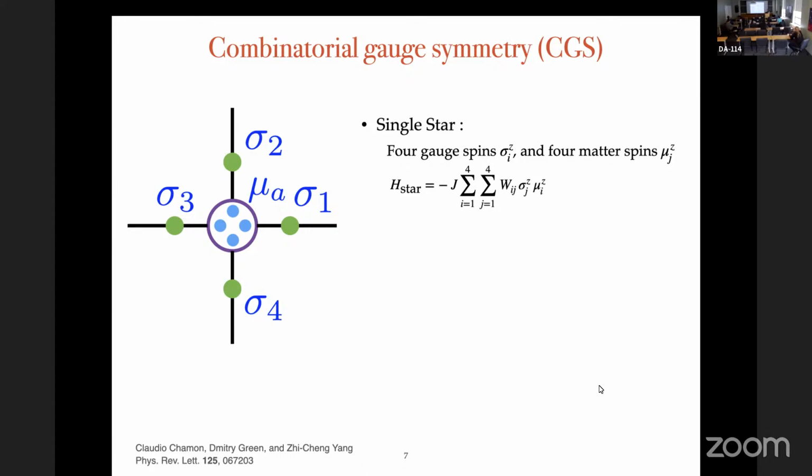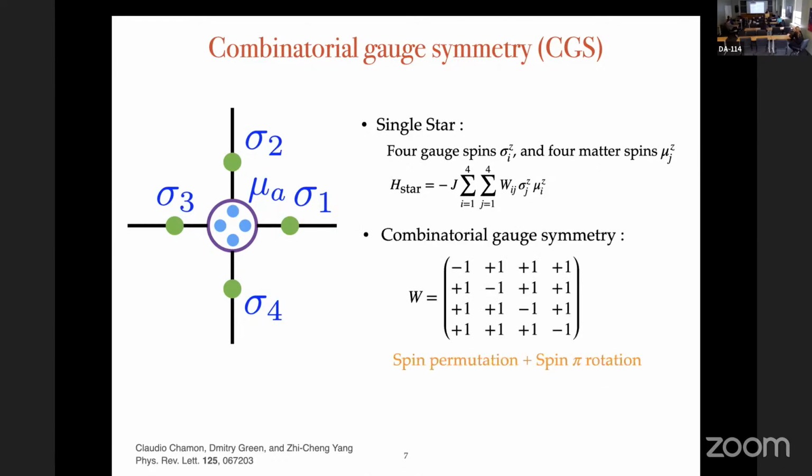Notice that the sigma spin, gauge spin, do not couple to the rest of the gauge spins, but only couple to the matter spins. So the way they interact with each other is through this W matrix, which gives out this combinatorial gauge symmetry. What it really does in the end is that it gives the spin permutation and spin pi rotation for the Z2 case.